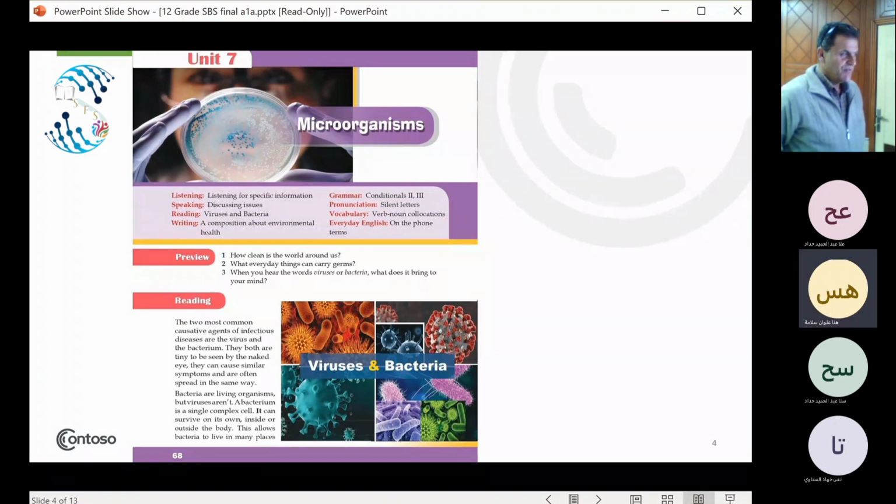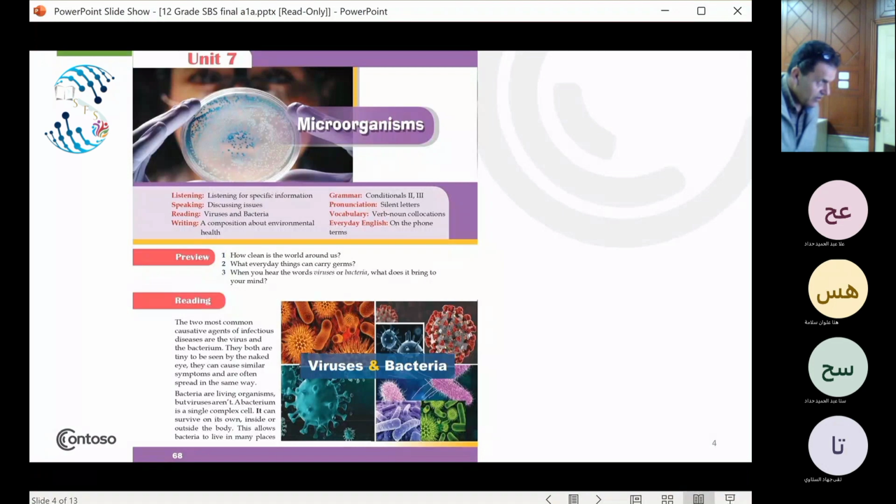The two most common causative agents of infectious disease are the virus and the bacteria. Yes. So, at the first sentence, the two most common causative agents of infections.